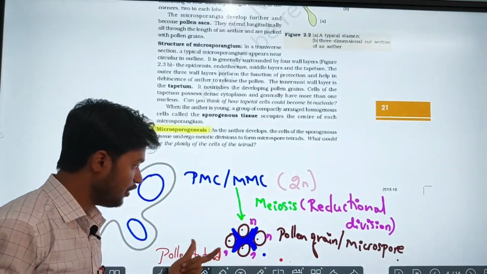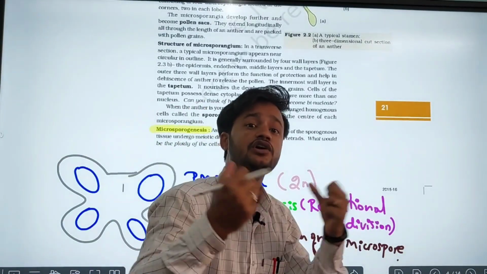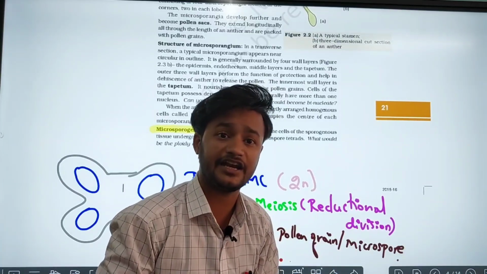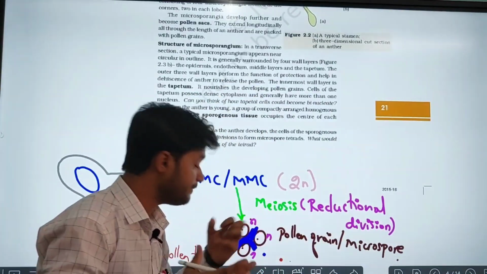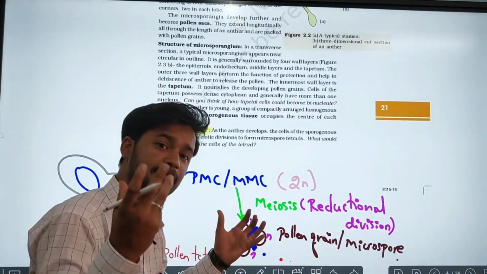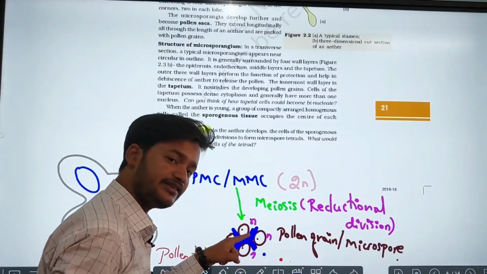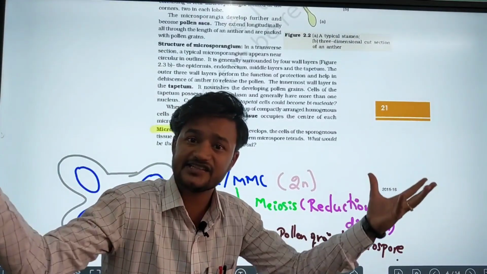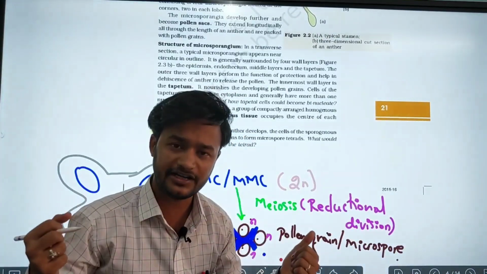So why are all 4 pollen grains attached together to form a pollen tetrad? Because of an important polysaccharide present between the pollen grains, which holds the adjacent pollen grains together to form the pollen tetrad.